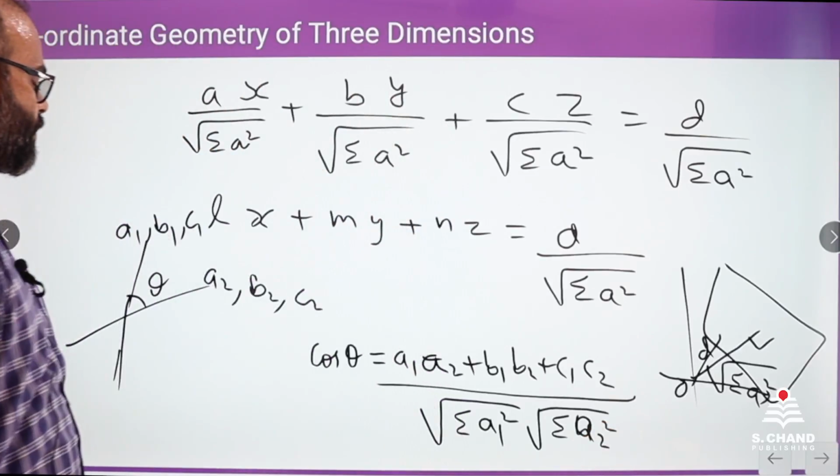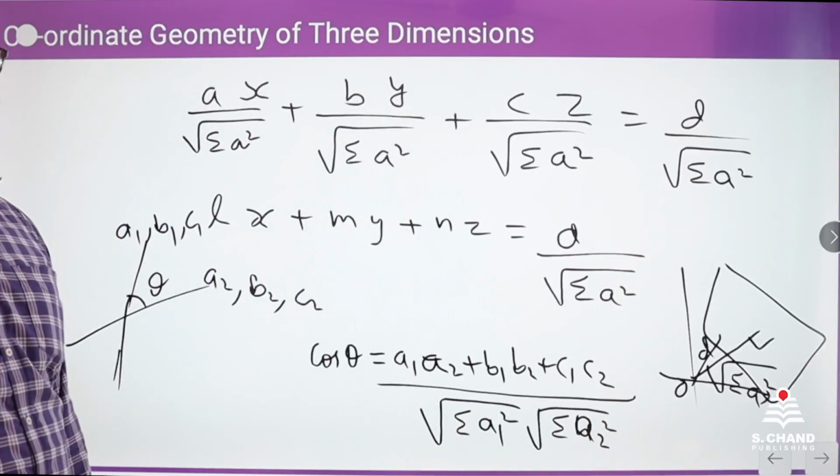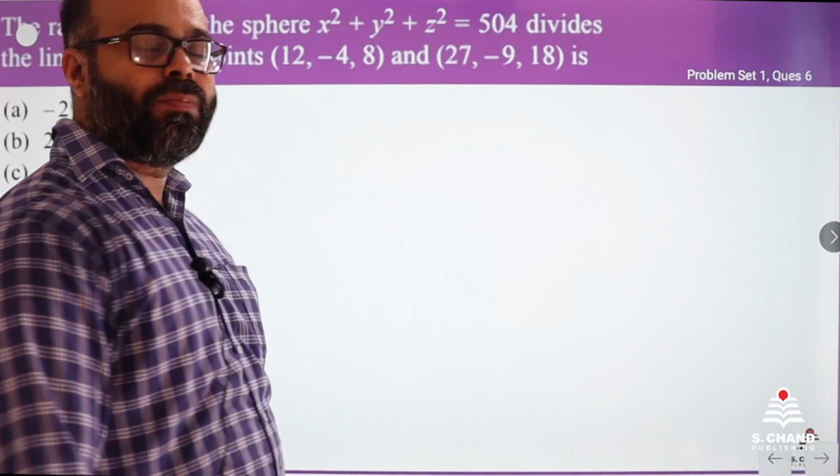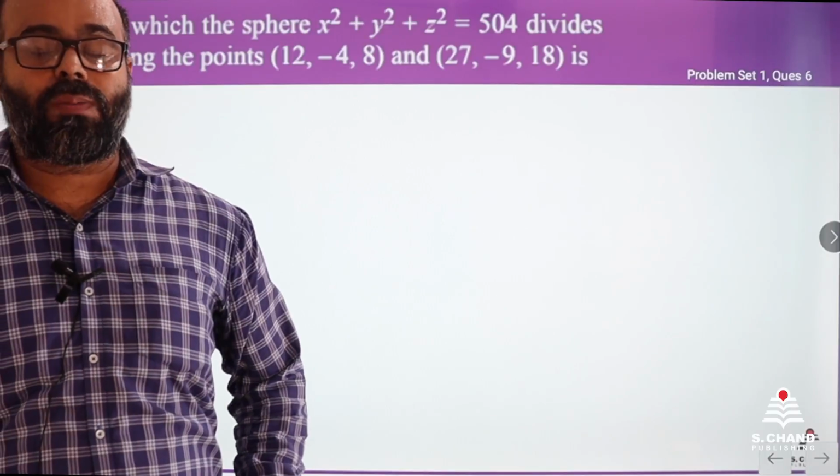So this is how we find the angle between two lines. Similarly, we can find the angle between two planes by finding the angle between their normals.